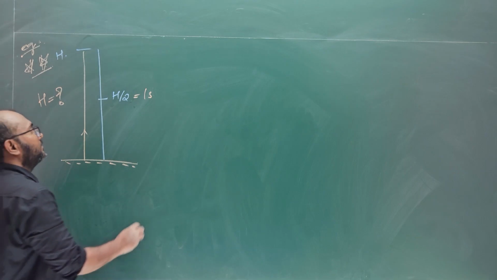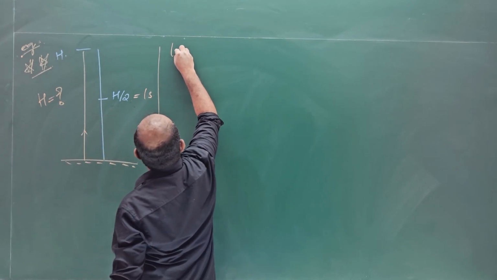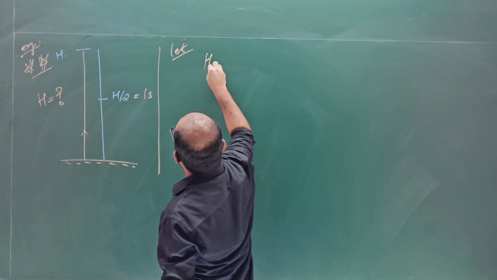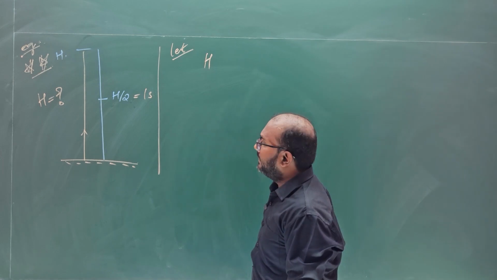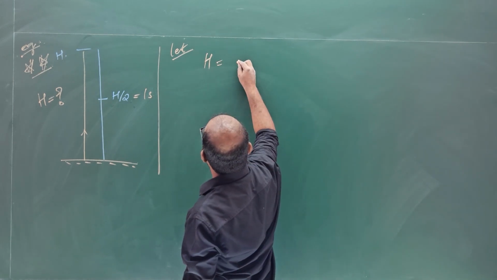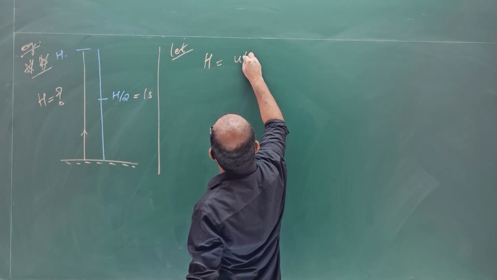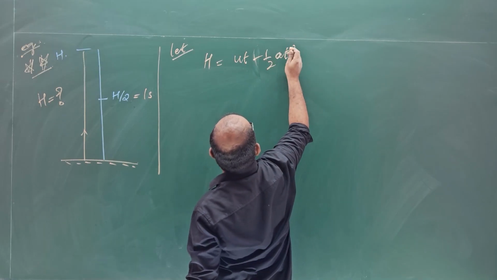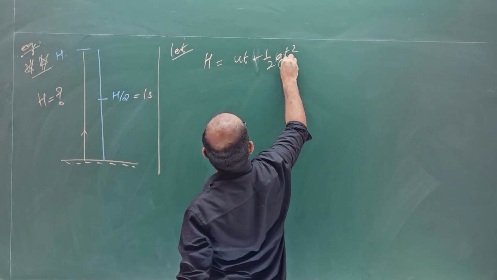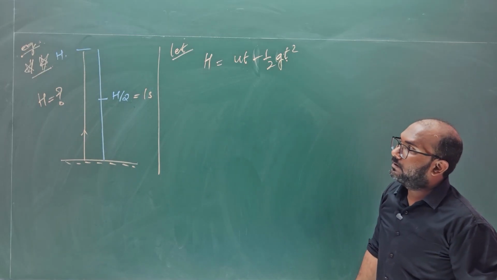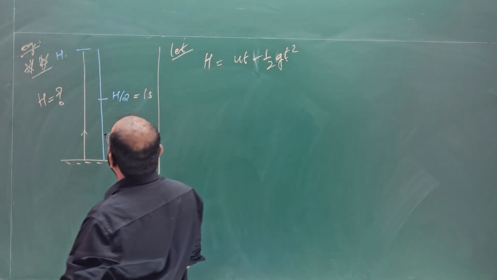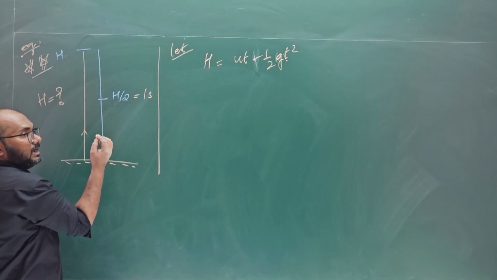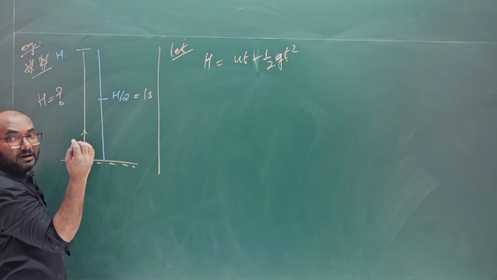Okay, now listen to me. Now, h will be the maximum height. Let h be the maximum height. So h is equal to, can I write ut plus half at square, or can I also write this as minus and this as g? Now, while returning back, it covered h by 2 in last half second.